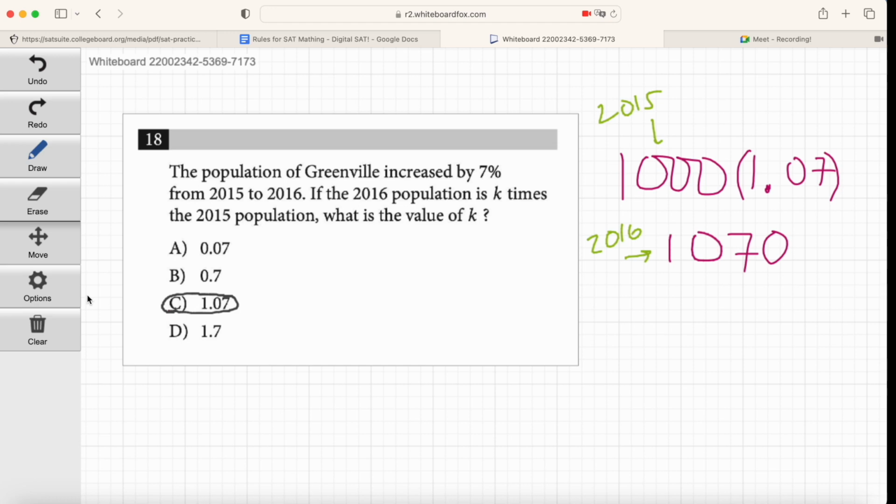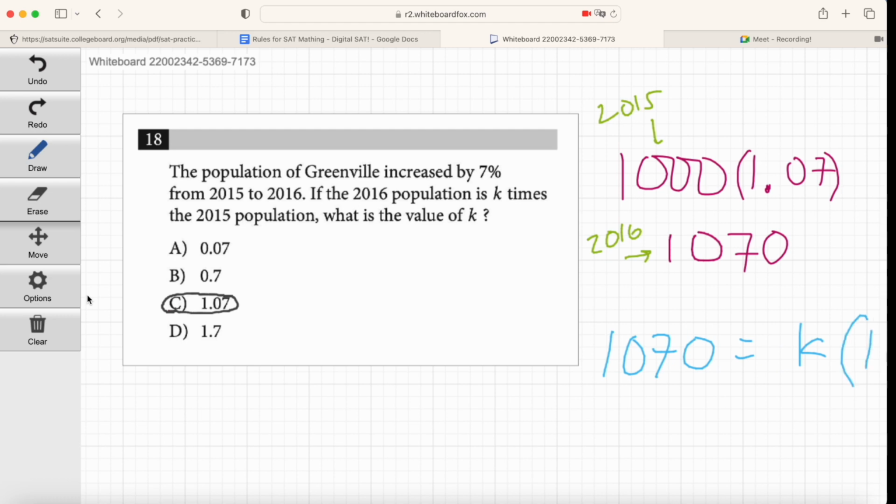No, we're good. Okay. Now it says in the question, the 2016 population is K times the 2015 population. What's the value of K? You already got it. You already circled it, right? There's an equation there. You could structure it: the 2016 population is 1,070, and that equals K times the 2015 population, which is 1,000.